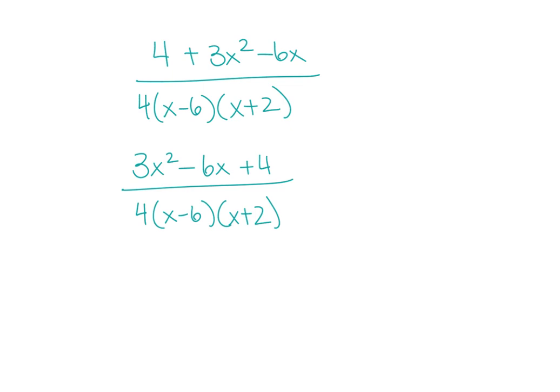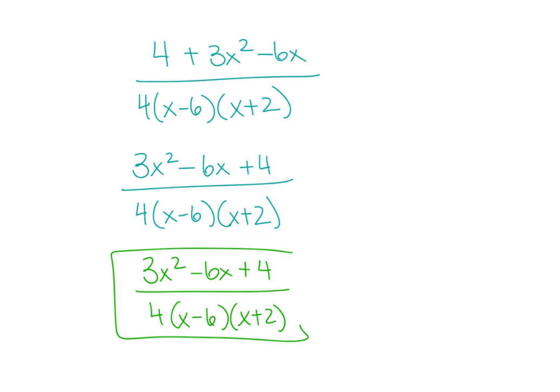Okay, that doesn't work. 1 and 4. Negative 12 minus 1, negative 13. Okay, this tells me the top is not factorable, so leave it as is. 3x squared minus 6x plus 4 all over 4. Oh, what am I doing this for? It's already above. Minus 6, x plus 2. That's fine. We just copied the same thing. But that's our final answer. Can't simplify the top any farther.